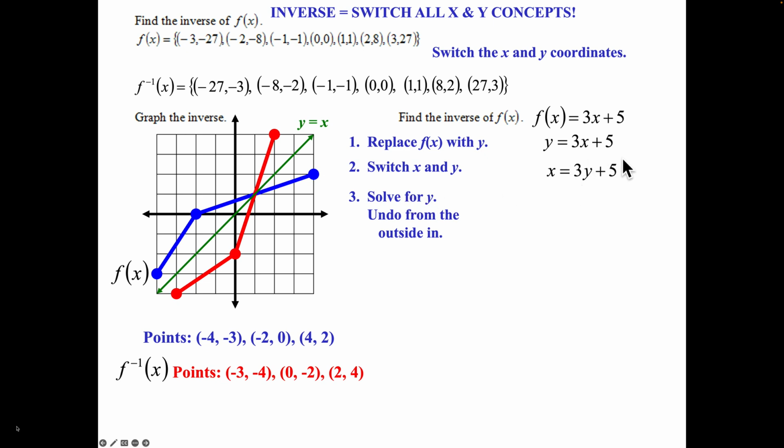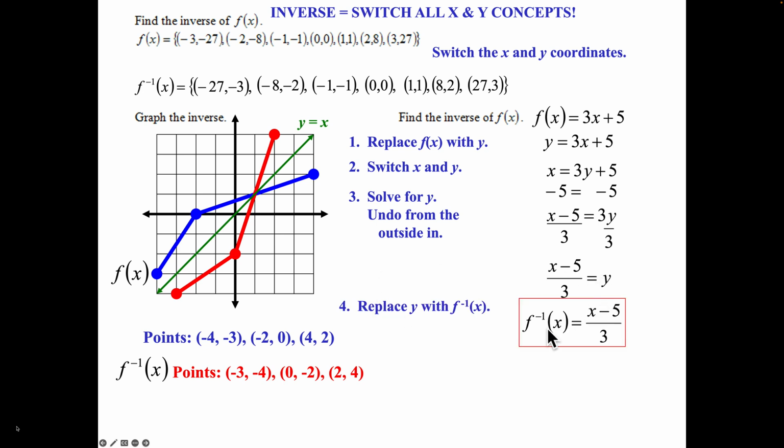Get y by itself. Everything that you undo is worth a point. Subtract over the 5, that's a point. Divide over the 3, that's a point. 1, 2, 3, 4, and the last step, take out the y, replace it with your inverse notation, that's a point.